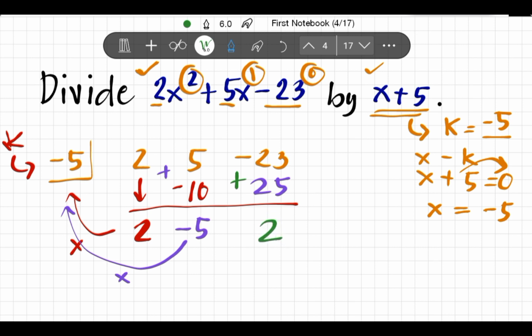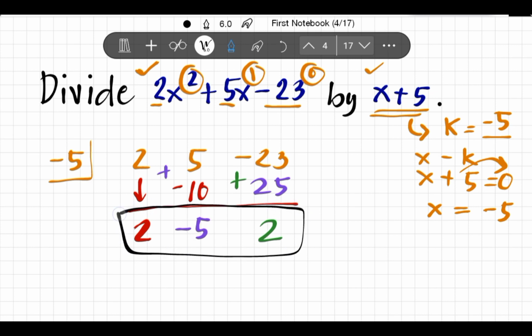positive 2. Okay, so as you can see, this is now the last row or the third row. So the third row contains the quotient of the given two polynomials. So since we started here in the exponent 2, we will start here in the exponent of 1.